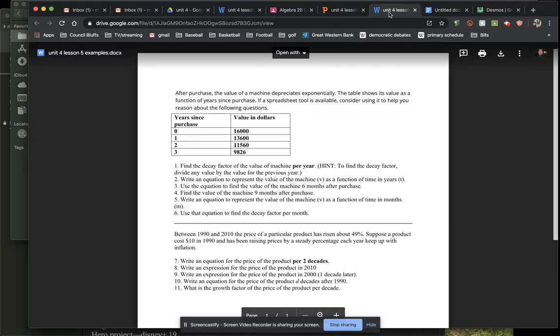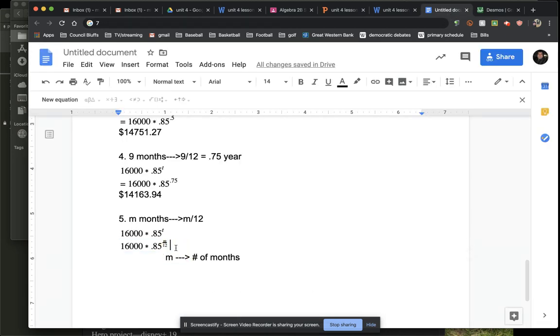Number 6, use that equation to find the decay factor per month. In order to do that, I'm going to play the same game that I did yesterday.